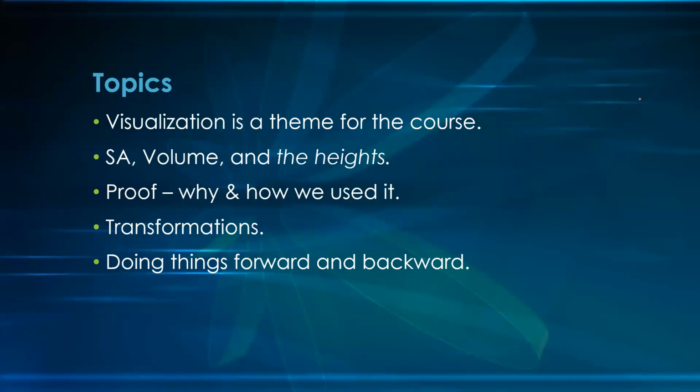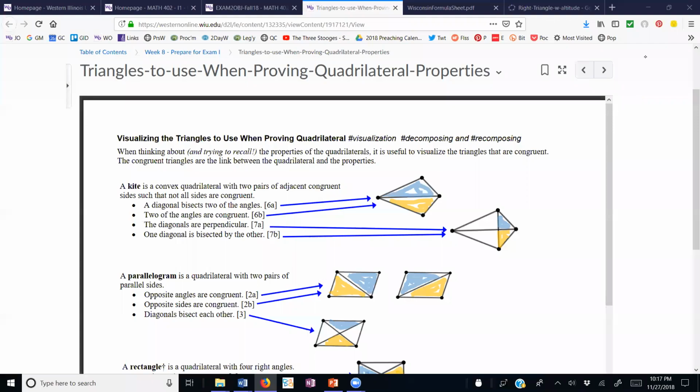Another comment relative to transformations has to do with proving the properties of quadrilaterals. Back in week 8, I posted this handout, which is designed to help to visualize and remember how to prove the properties.